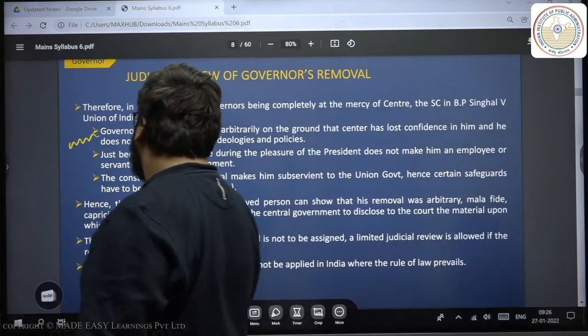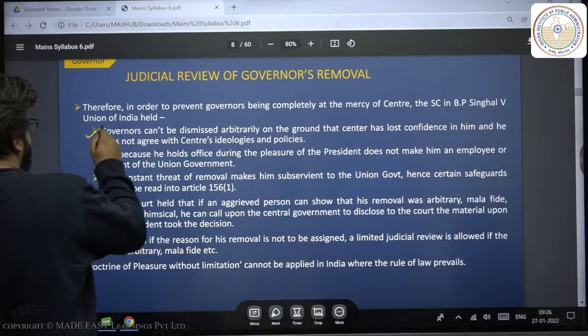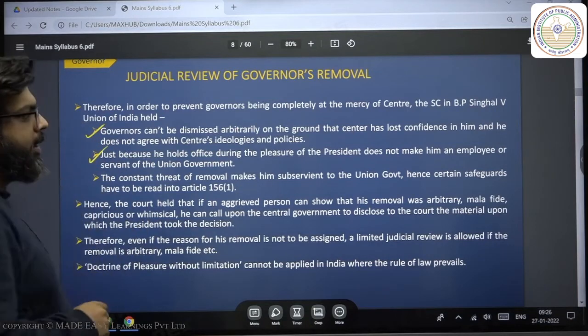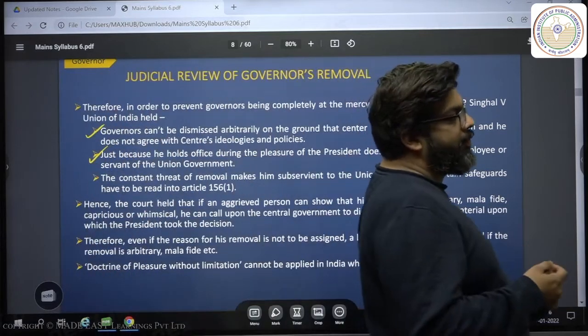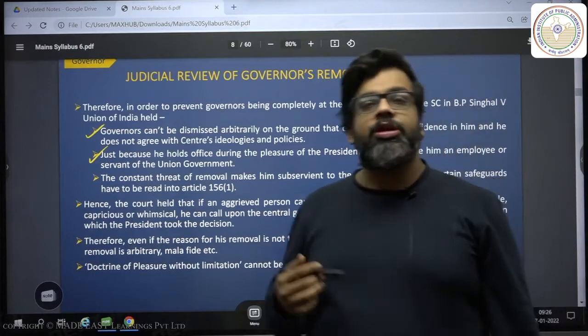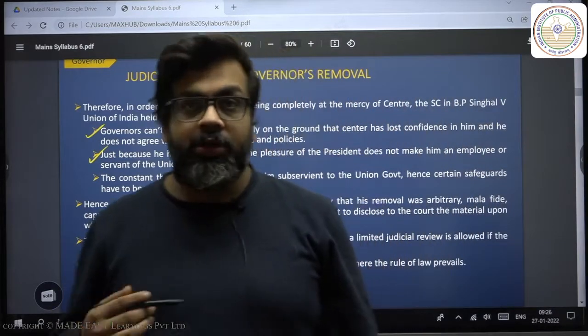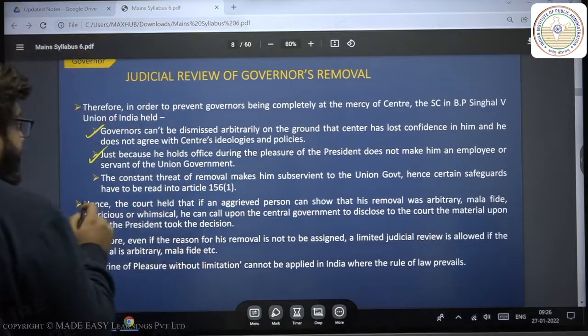And similarly, just because you hold office during the pleasure of the president does not make you an employee or a servant of the union government. You still hold a constitutional post. You are a constitutional authority, and that comes with a certain amount of dignity.